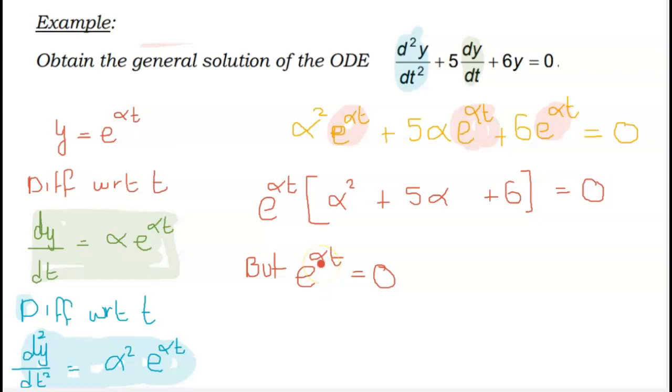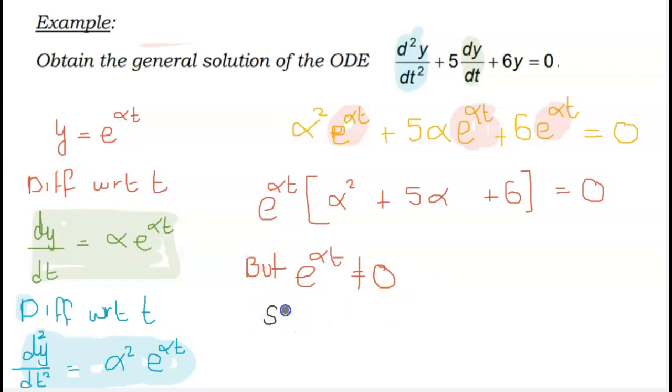And alpha, you can choose any value of alpha. You can choose any value of t. You put that in a calculator, you will never get an answer 0. So for the whole thing to be 0, this thing has to be 0. So I'm just going to put that as 0.